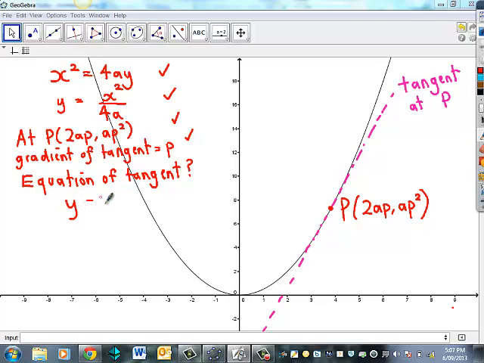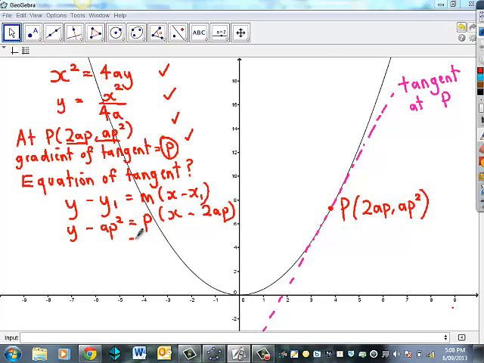Well, we'd use y minus y1 equals m times (x minus x1), and we'd use these coordinates for the point, and so substituting in those values, y minus ap squared. Now the m value we decided up above was just p, and substituting in the value for x1, it would be 2ap.